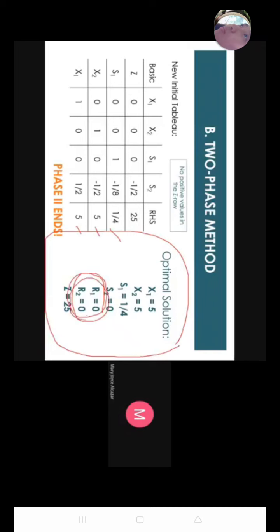Remember that if their values are positive, your problem does not have an optimal solution. So the problem has an infeasible solution. And then your z is 25. So the answer is the same as in the Big M technique.